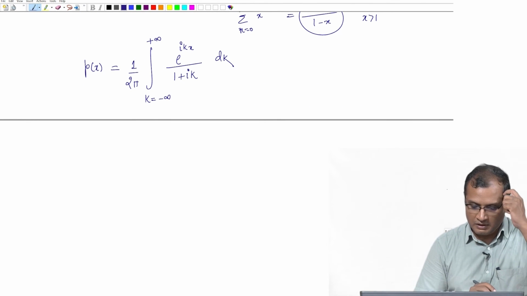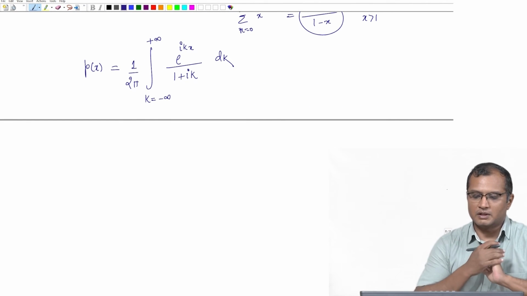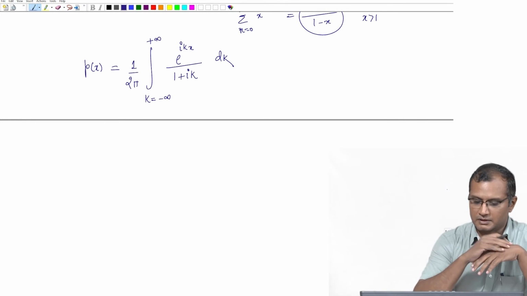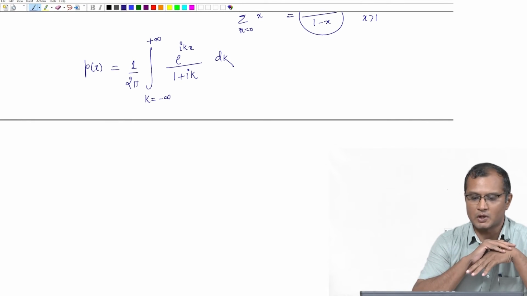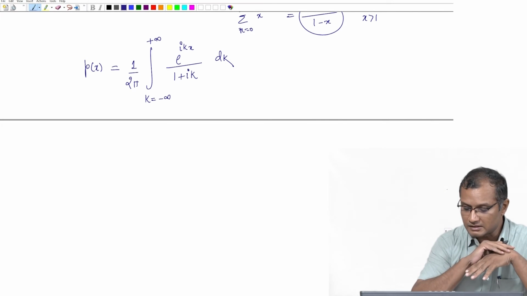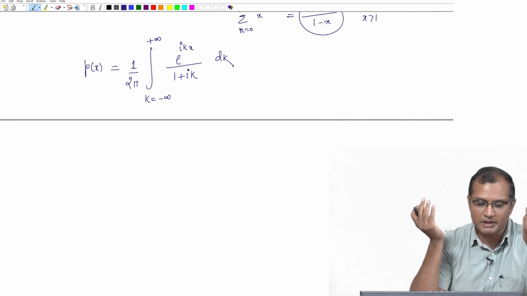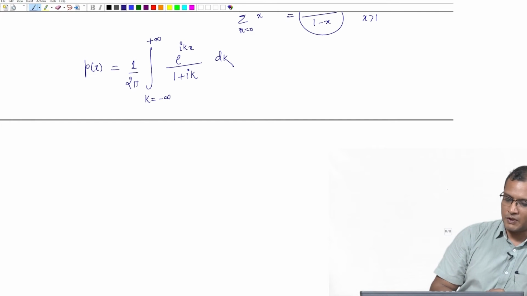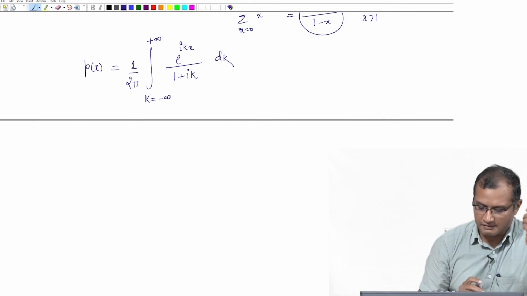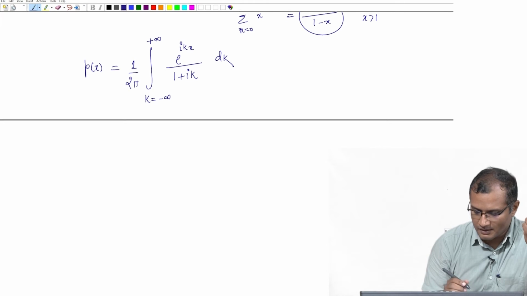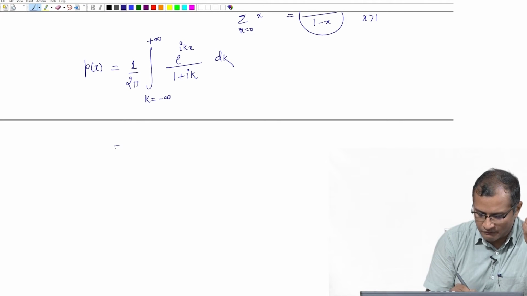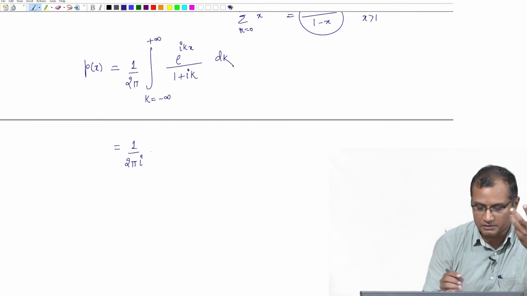So, we need to invoke some well known tricks from complex variables, and they are very easy tricks. I call them absolutely essential, because they make life very easy in computing integrals. So, I can compute this integral, but before that I just want to recast it in a slightly more favorable guise.